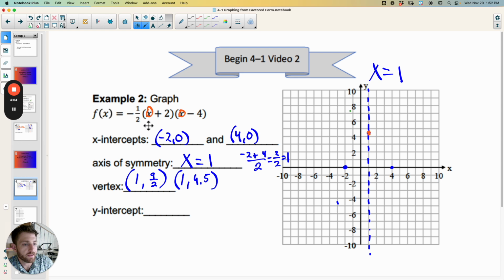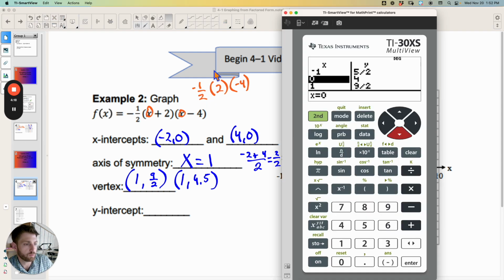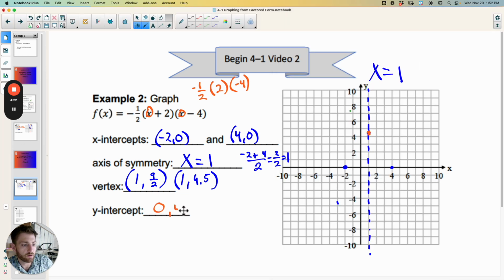I'll get -1 over 2 times 2, because 0 plus 2 is 2, times -4. This multiplies to give me -8, and -8 times -1/2 is actually +4. And that's exactly what we got here. So the y-intercept is 0, 4.